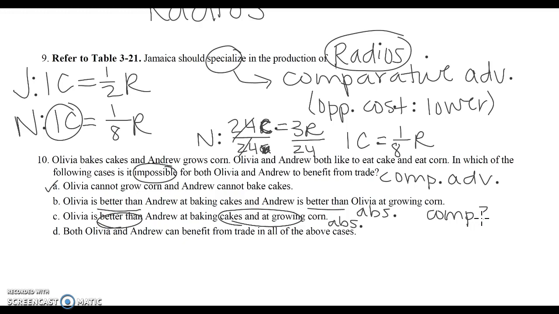So they could benefit from that one. C says Olivia is better at both. Again, that's absolute. We don't know comparative. So again, that is possible. So they actually both could benefit in all of the cases depending on what's happening with their absolute advantage. So that's the key. We have to figure out the comparative advantage there to figure out if they actually can trade.